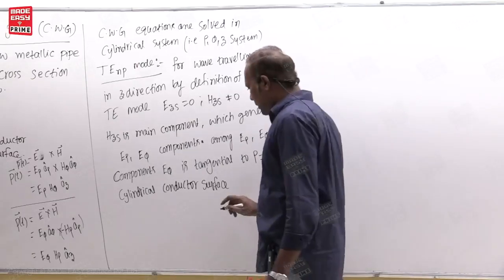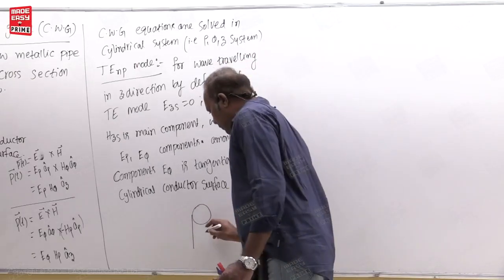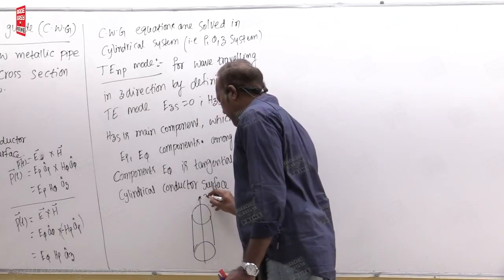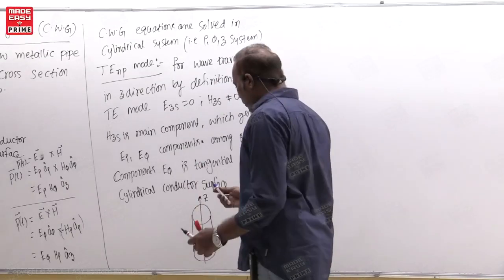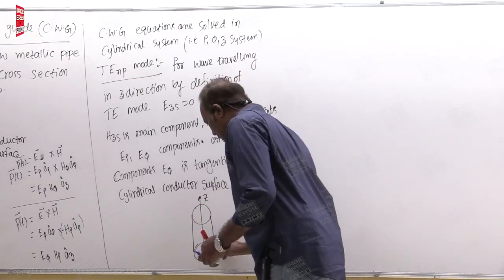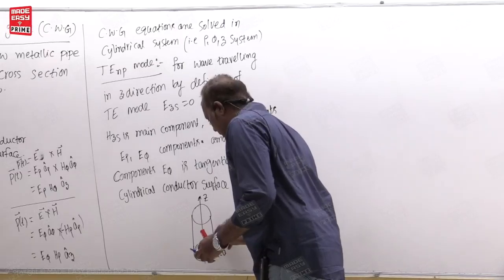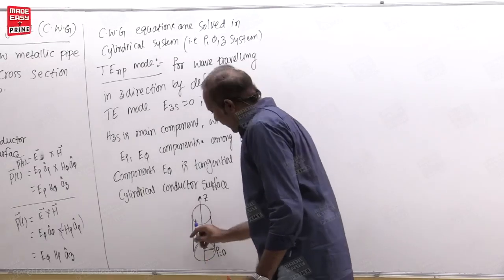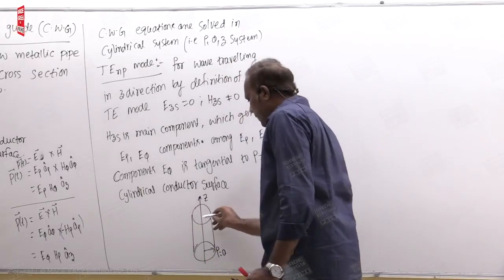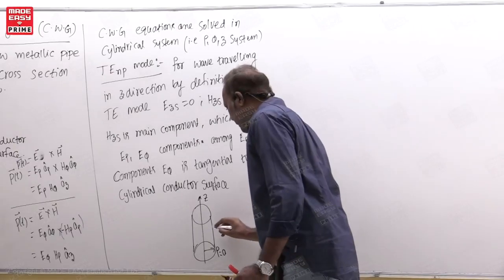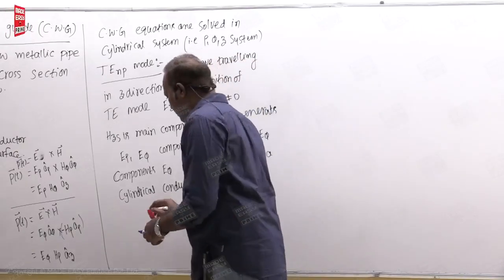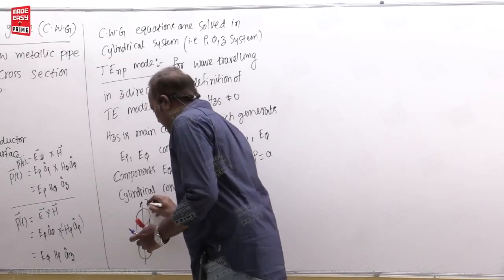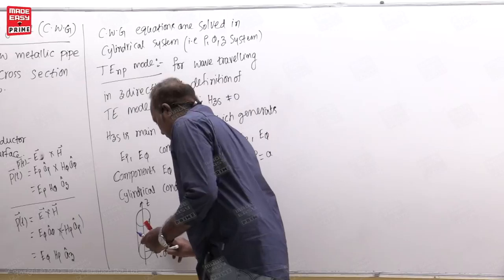I will show you what I am telling. For example, if you take this, this is the Z axis. Now, what I am telling you is that this is the rho equal to a cylindrical surface. Here, the rho component means in the rho direction like this. I will draw one diagram here so that I can tell you that it is normal actually. So this is the Z axis, this is rho equal to a.